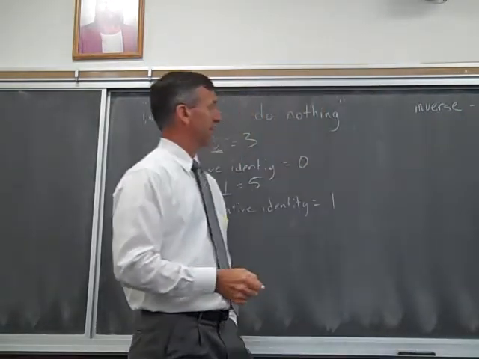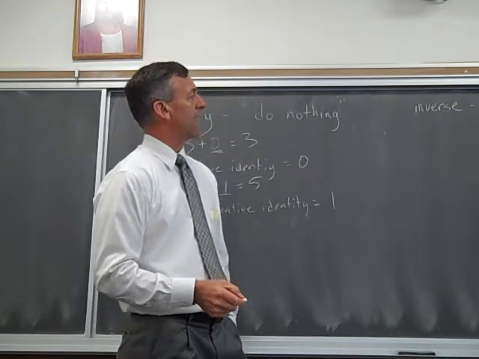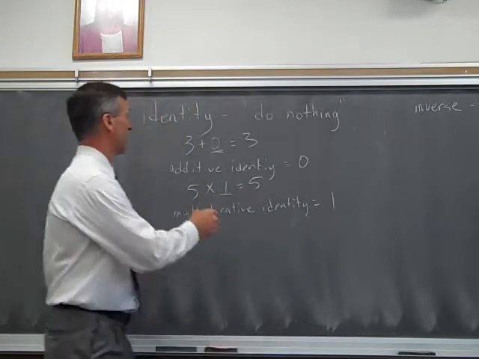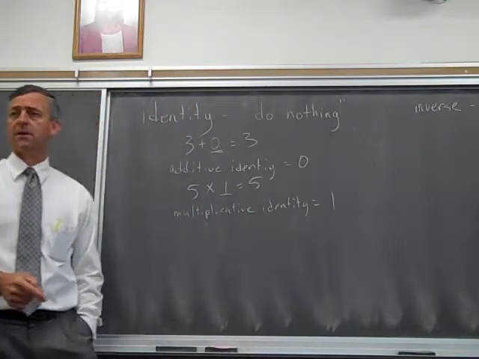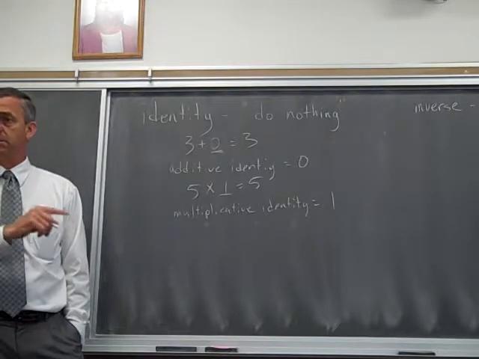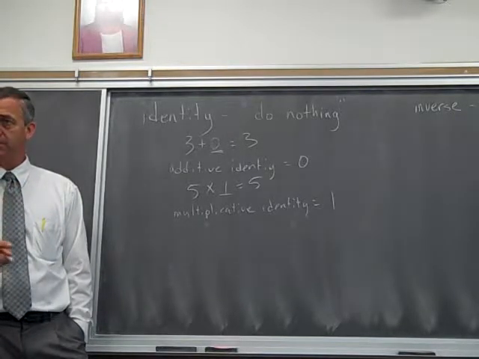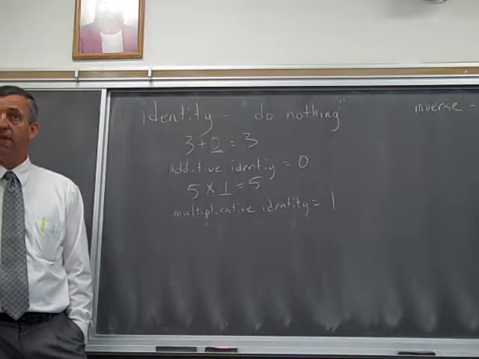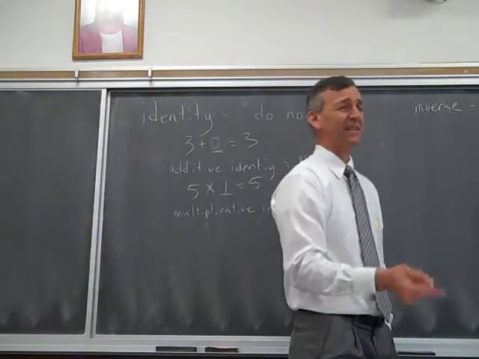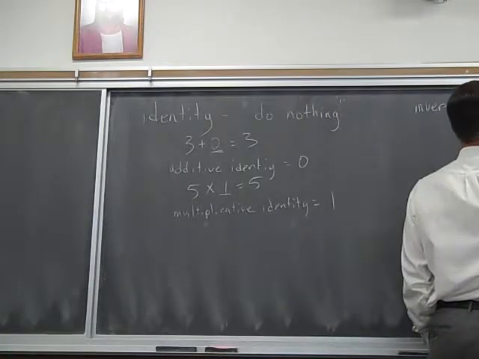Those of you who have had Algebra 2 and have done matrices, there is an identity matrix. When I multiply a matrix by the identity matrix, it does nothing. Okay? A matrix isn't a number. We're going to call it an element.